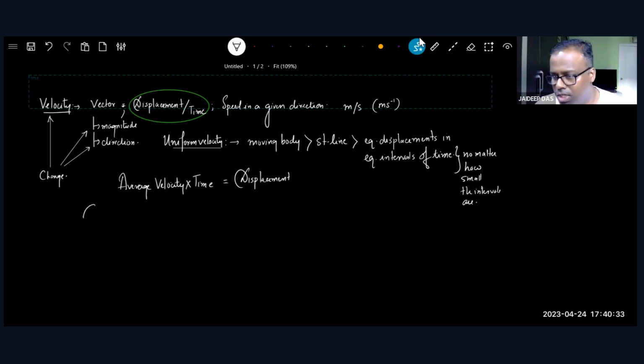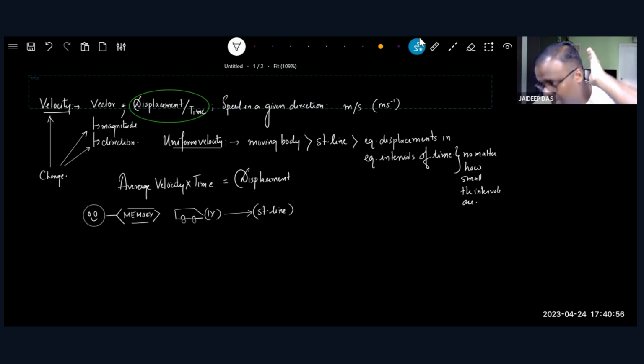And one thing you should now have in your memory, that whatever you are studying in class 9 about motion, if this is your vehicle in grade 9, your vehicle is always moving in a straight line. This thing should be at the back of your head, always in a straight line.